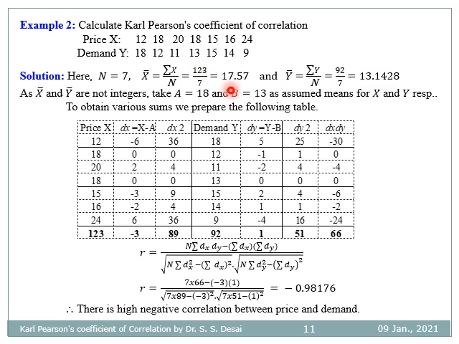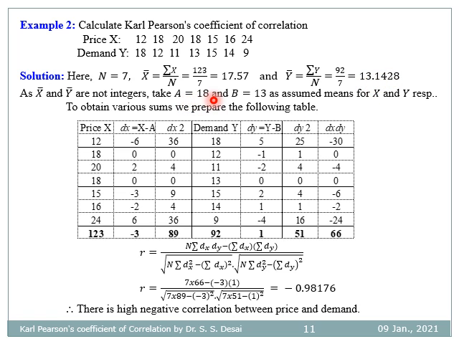Now as both x bar and y bar are not integers, we take the assumed mean for x as a equal to 18, integer near to 17.57, and b, that is assumed mean of y values, as 13, that is the integer near to 13.14.